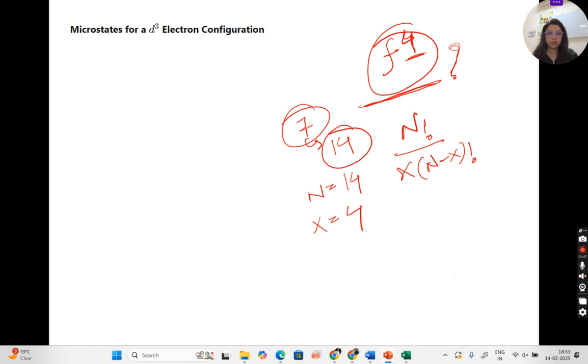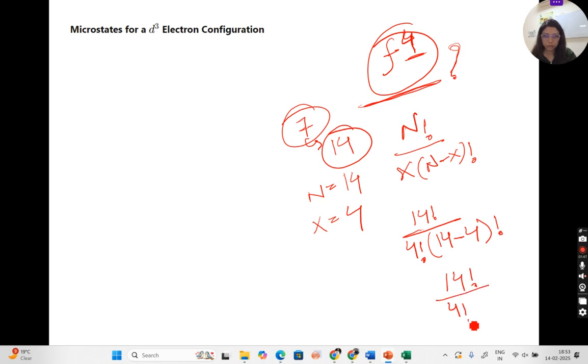So it is 14 factorial over 4 factorial and (14 minus 4) factorial, which is 10 factorial.